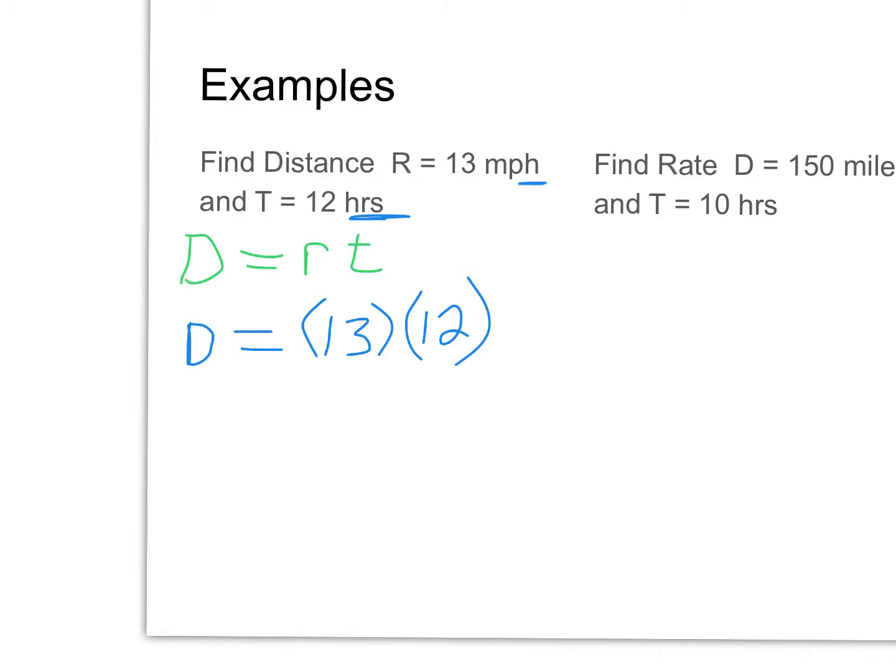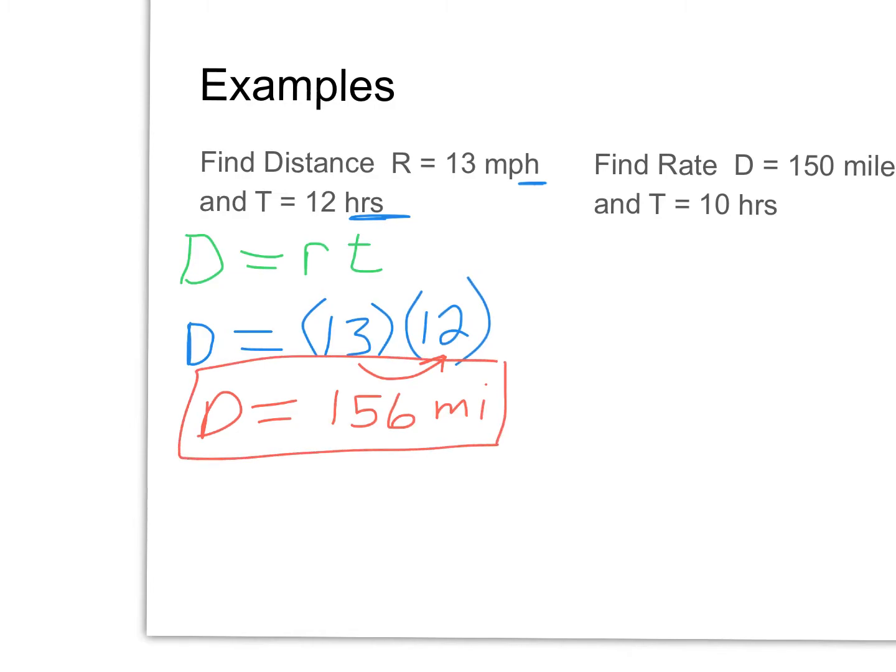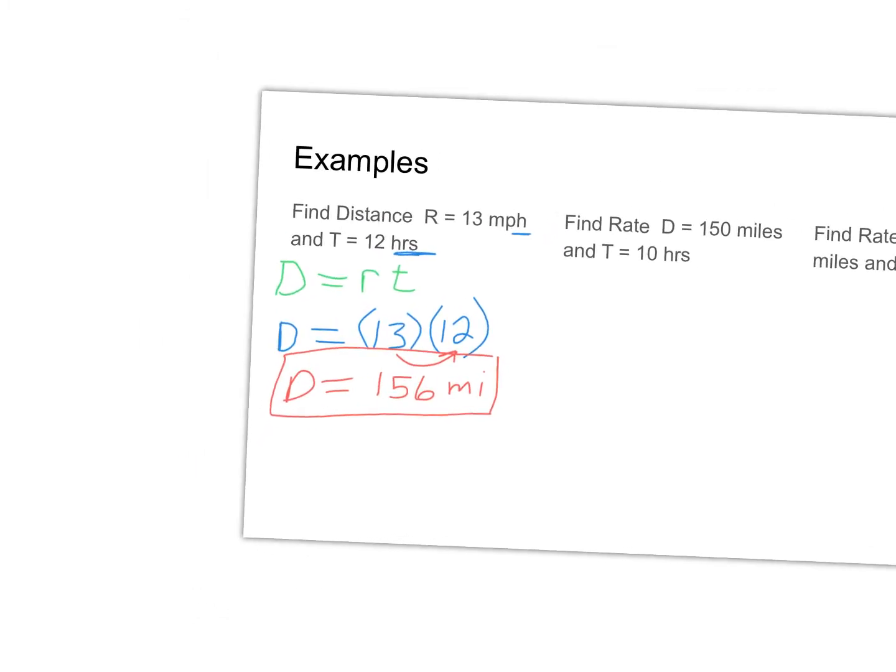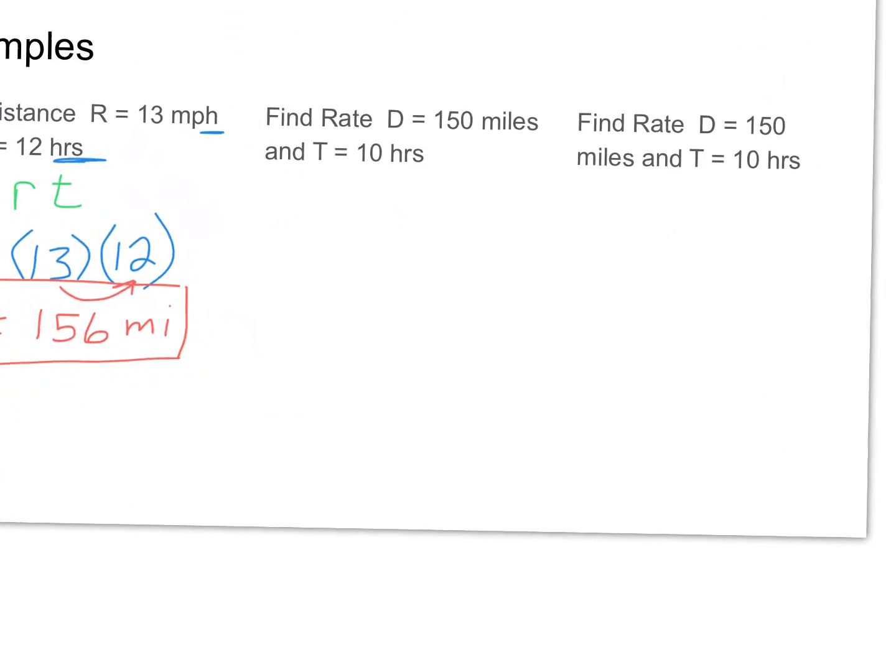D is equal to 13 times 12, which is 156 miles. So that's how far you could get in 12 hours traveling at 13 miles per hour. Okay, and that's how this works. It's pretty simple. All right, so let's go to the next one.